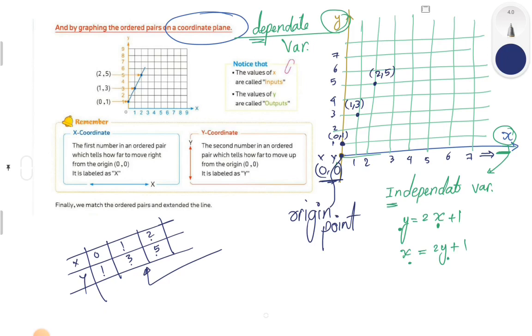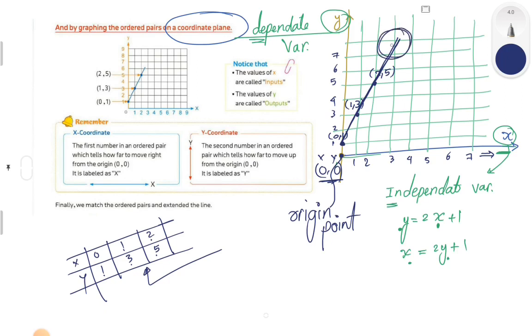Now we have 3 points, right? Now I will match them together. Look with me. Yes, this way. Now I match the first with the second with the third, and we have some extension here.